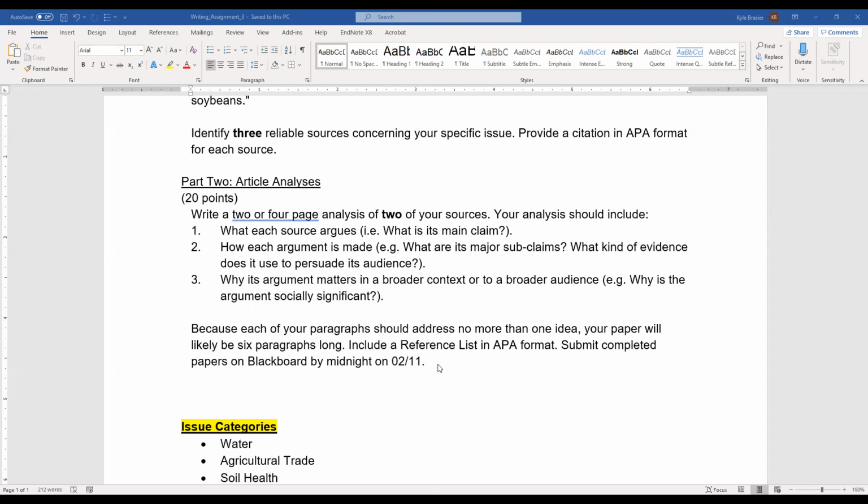Practice writing, practice applying and using APA format, getting those reference lists set up. It'll be really helpful to you. And I think you'll find that using reliable sources can be harder to do than you think. And at the end of the day, I'm the judge of that. That's the grader, right? Which source is reliable, which isn't.